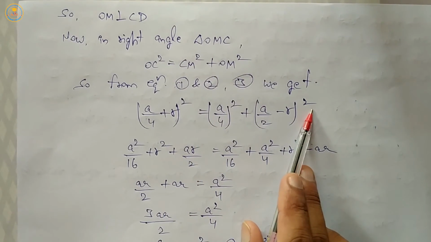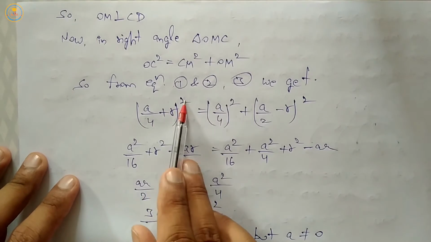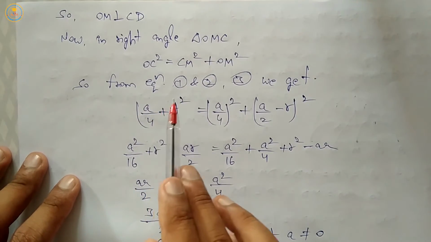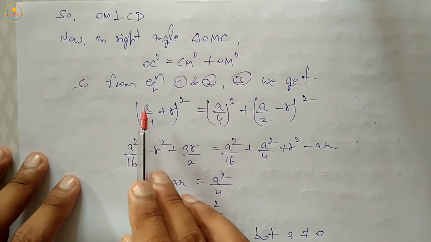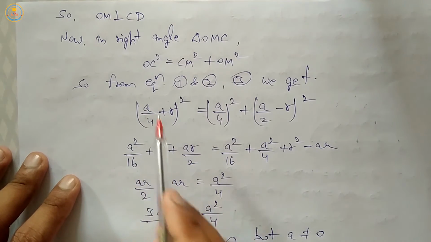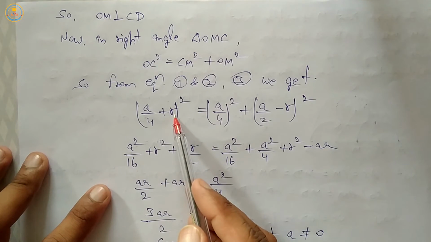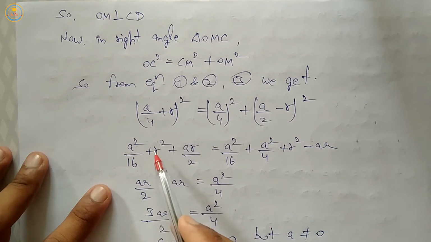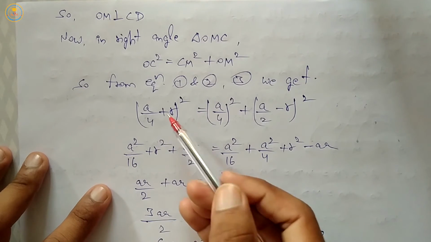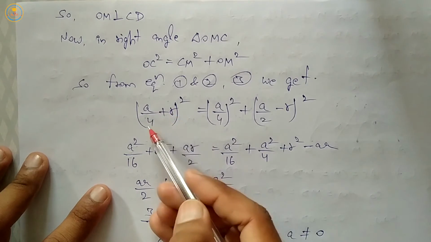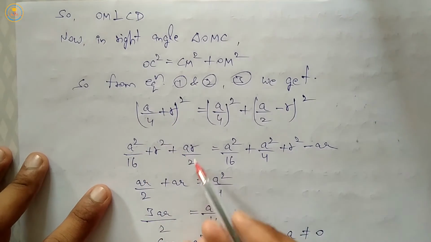Here (a plus b) whole square means a square plus b square plus 2ab. So a square means a square upon 16, plus r square, plus 2 into ar upon 4, the 2 cancels out, ar by 2.